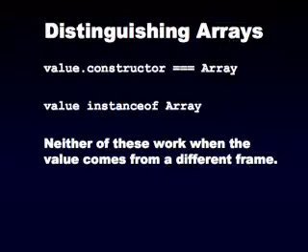As we'll see later, there's a typeof operator in JavaScript, but it doesn't help us do this distinguishing. So there are two methods that do work. One is we can say value.constructor, does it equal Array? The other is we can say value instanceof Array, and if that returns true, then we can think it's an array.